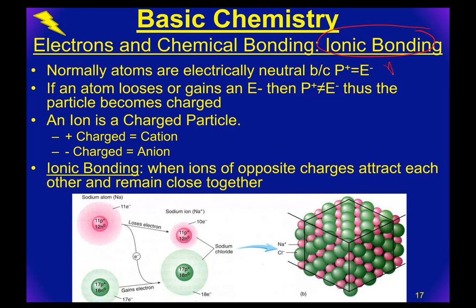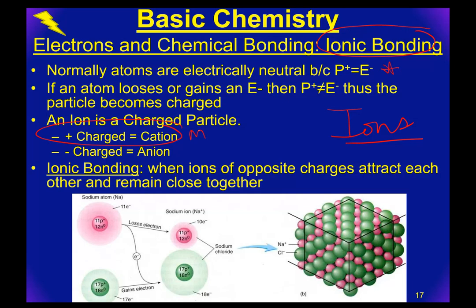Normally, atoms are electrically neutral. If you've got the same number of protons and the same number of electrons, you don't have any charge to it. But when you gain or lose electrons, then you get ions. Okay? You get ions. Now, positively charged, it's called a cation. Why is it positive?